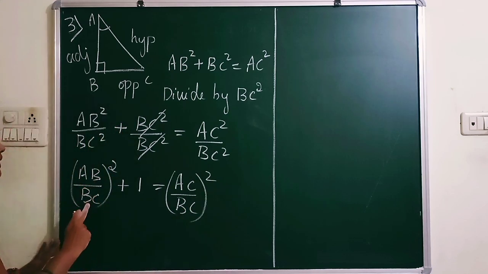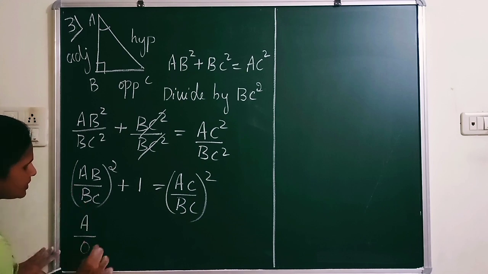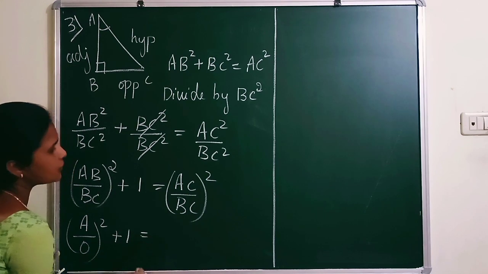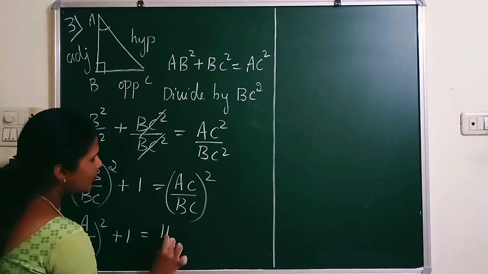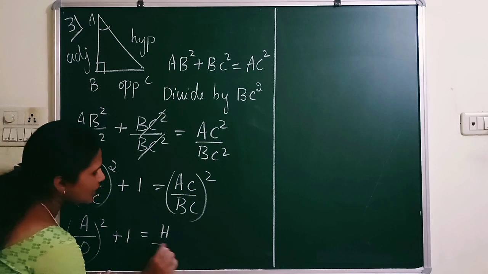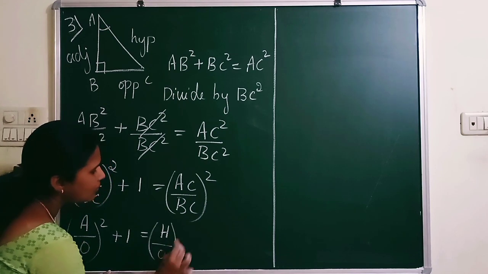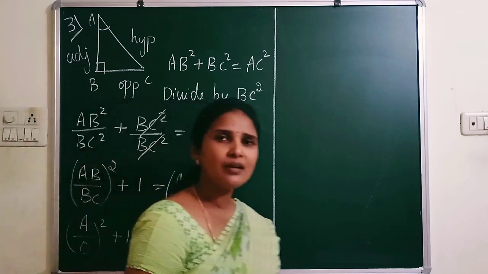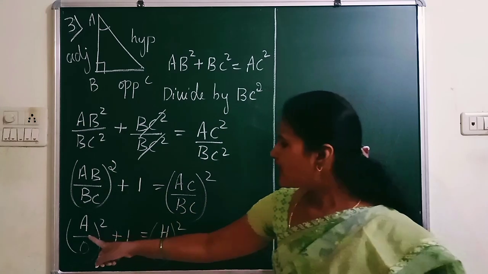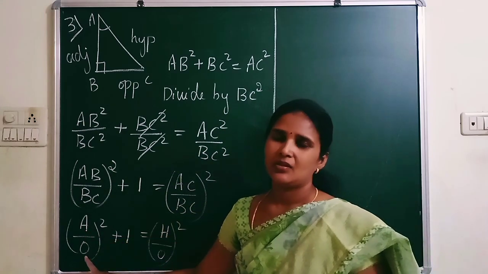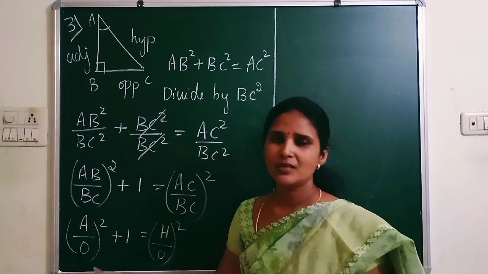Now what is AB here? AB is adjacent and BC is opposite. So adjacent by opposite whole square plus 1 equals AC, the hypotenuse, and BC, the opposite, whole square. Now let us write the trigonometric ratios. What is adjacent by opposite? It is the reciprocal of tan, that is cot.